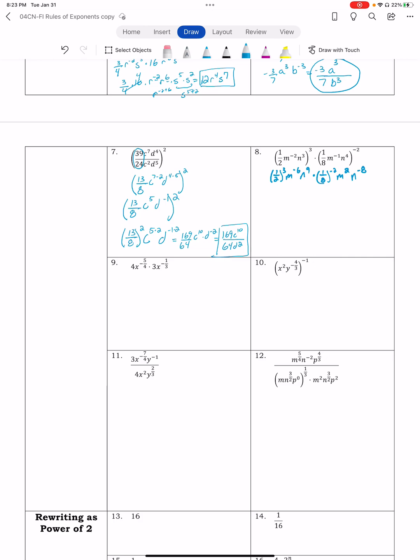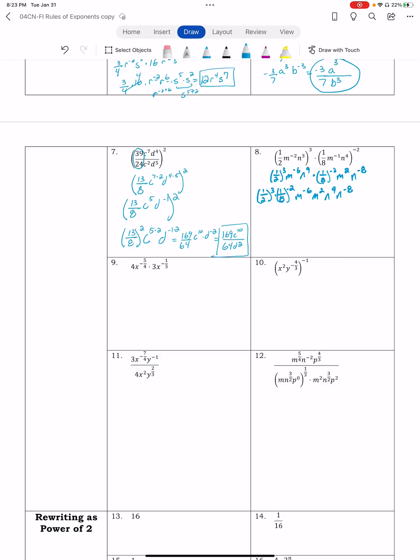I rearrange things, so I have my 1/2 to the 3rd times 1/8 to the negative 2nd, m to the negative 6th, m to the 2nd, n to the 9th, n to the negative 8th.